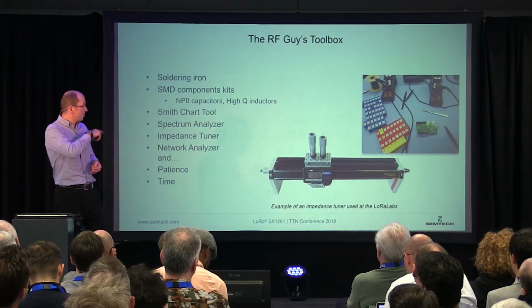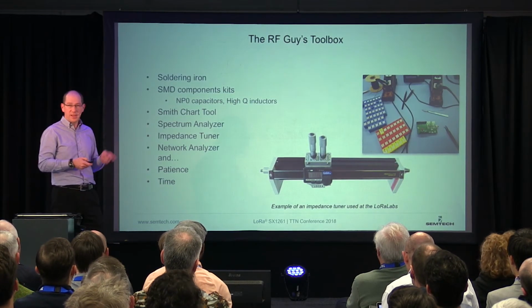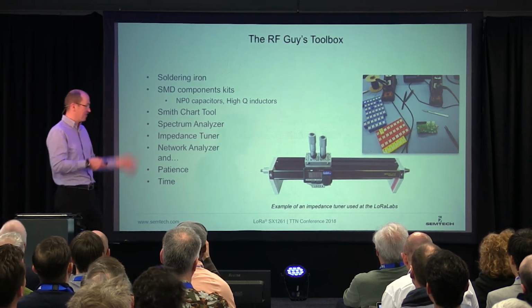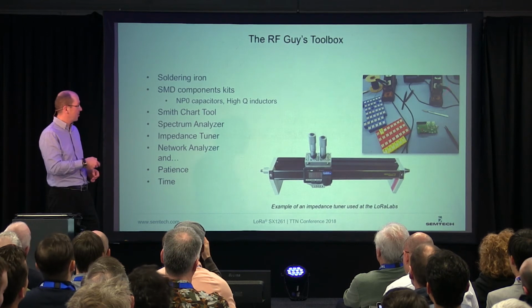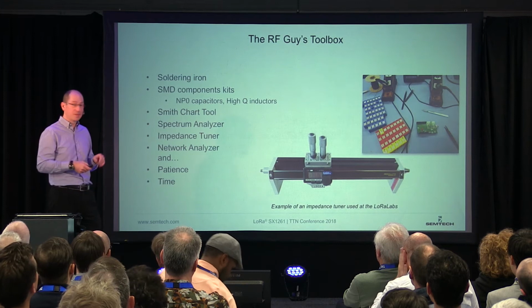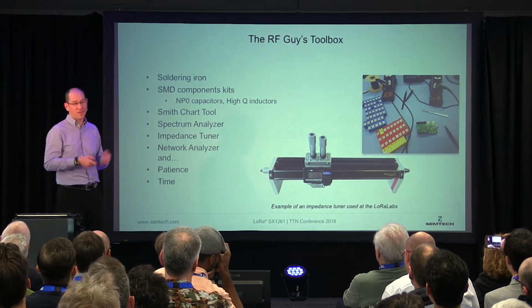The toolbox, my toolbox and the RF guide toolbox. So soldering irons. Did I say that you have to tune? Yes, so now I say that you might have to tune. So you need soldering irons with fine tips, components, RF components. A Smith chart tool, for me it's very basic.